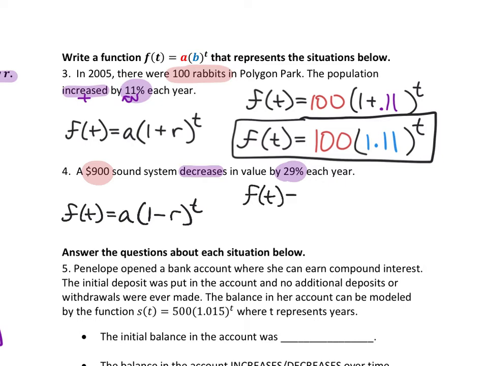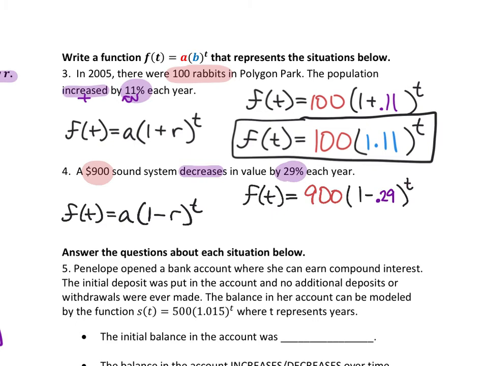All right, we know that the $900 sound system, it's way too expensive for a sound system. And then we're going to have 1 minus 29%, but I'm going to write that as a decimal, so what number would I put in there? 0.29 is the decimal version of 29%.